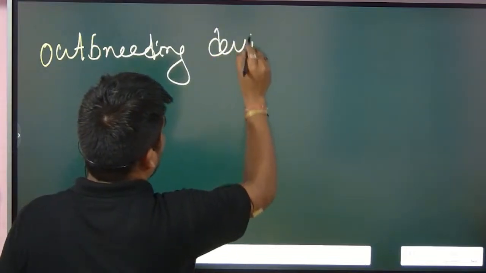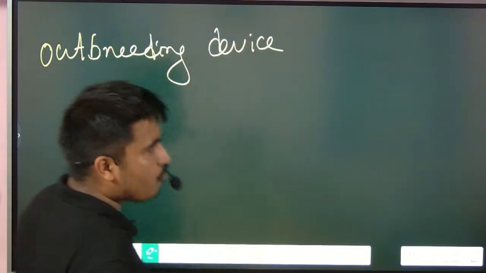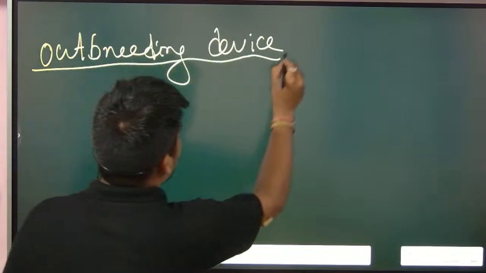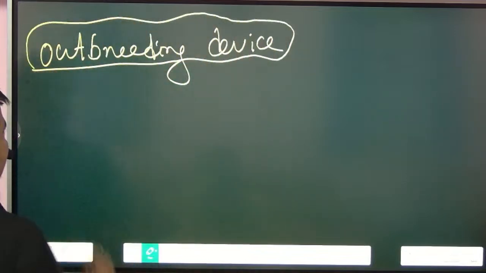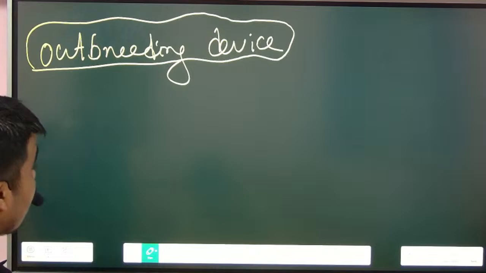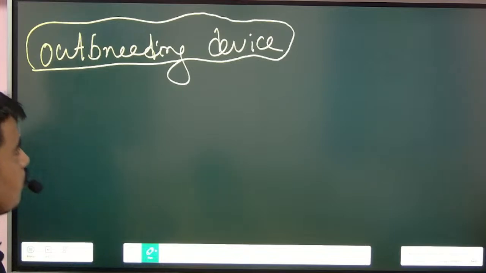Although these are not tools, these are processes or systems that a plant can have. These devices or systems can be visible in a plant naturally.